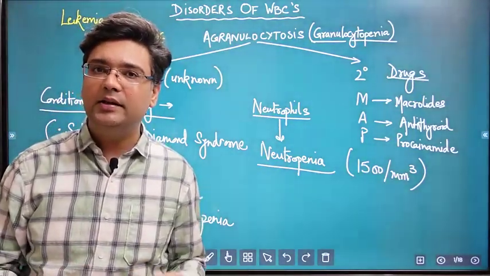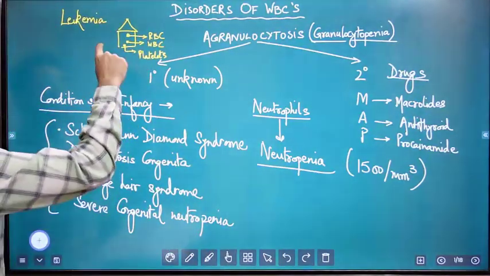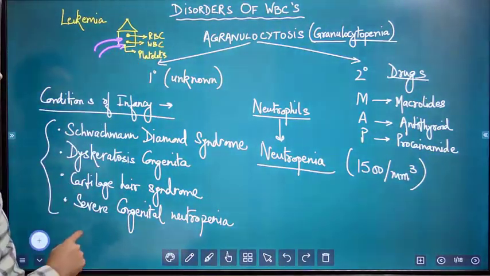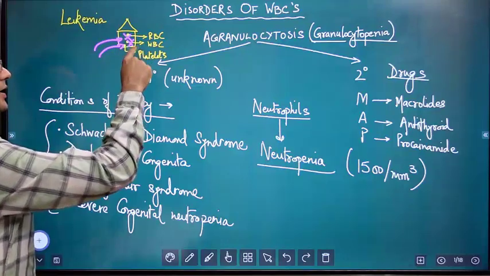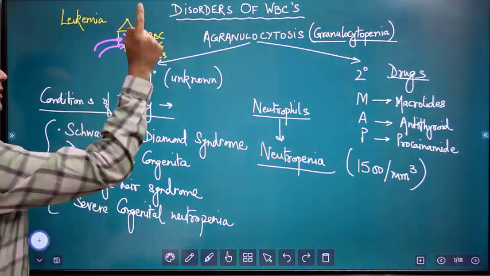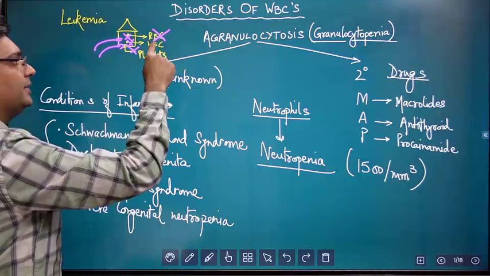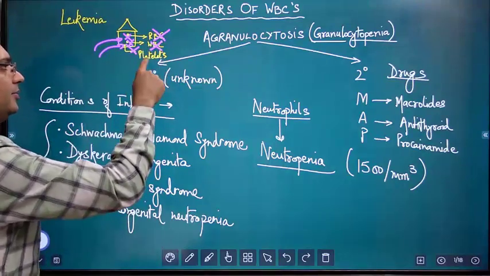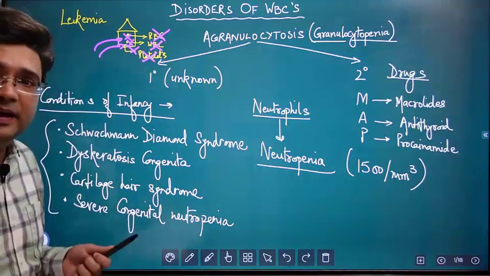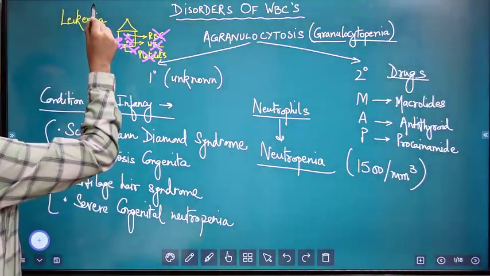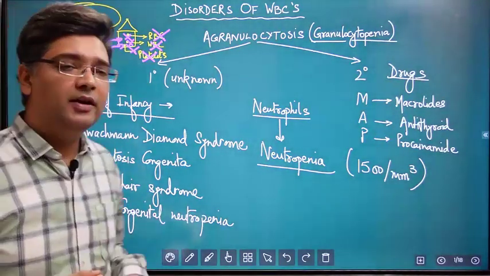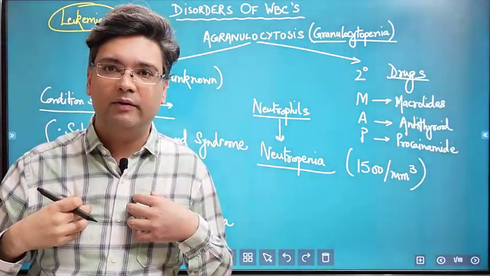But the point is, in leukemic conditions, leukemic cells infiltrate the bone marrow and they kick out and kill all of these precursor cells. Now nothing is going to be formed. Neither the RBCs, nor the WBCs, nor the platelets are going to be formed. Only the leukemic cells will thrive and they will say, I am going to live here.